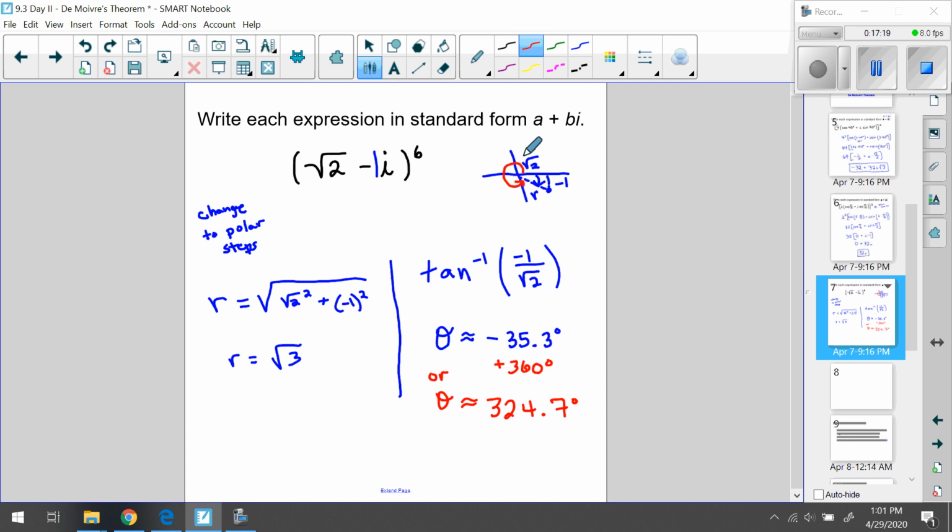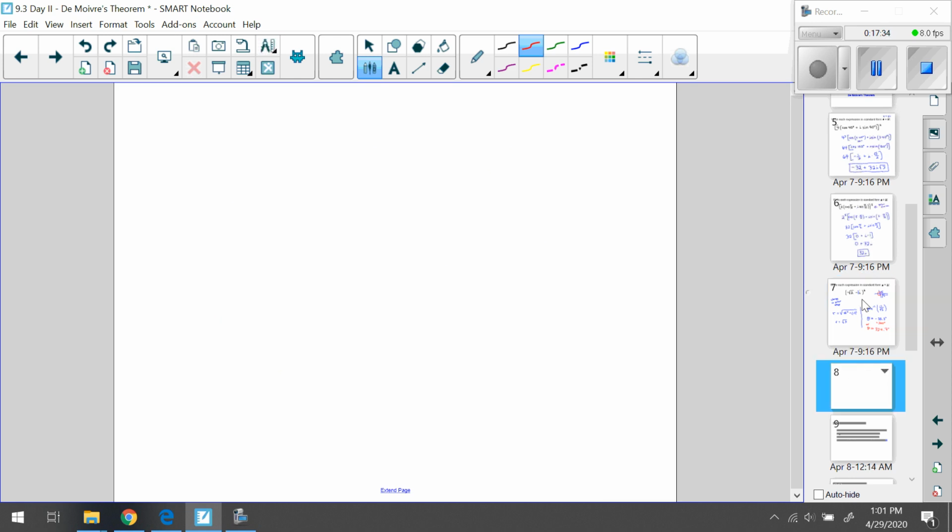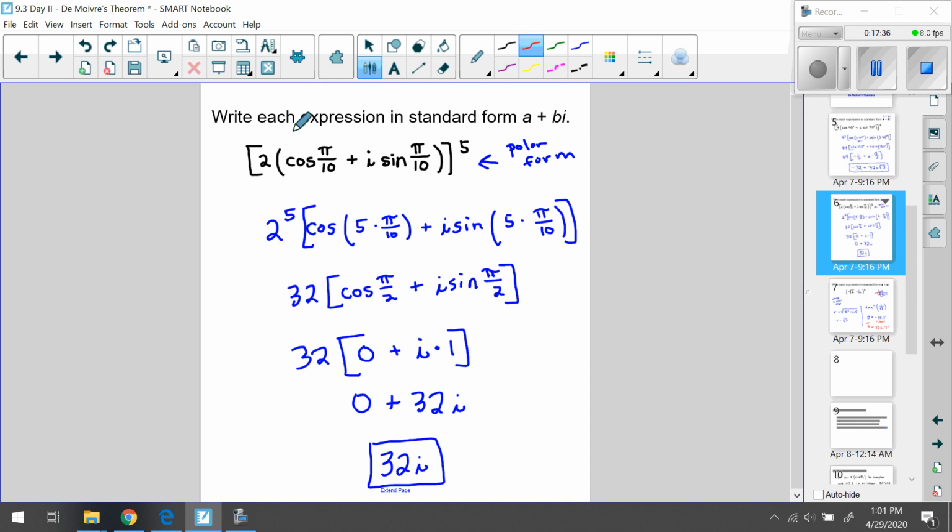Okay, so now that's just the setup. Now we're prepared to actually answer the question, because now we can make it look like the other two problems. So now that we know our R value, if we go back to this problem here, we just put our R value here, and then we'll have cosine and sine of that angle that we just found.